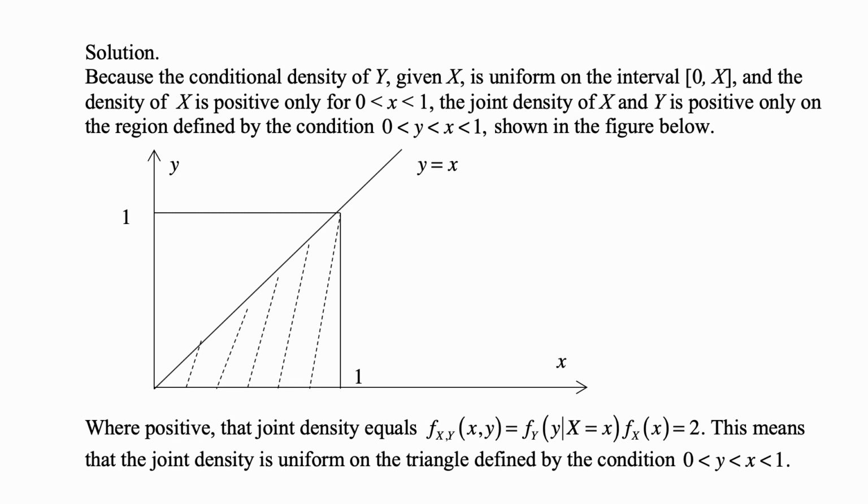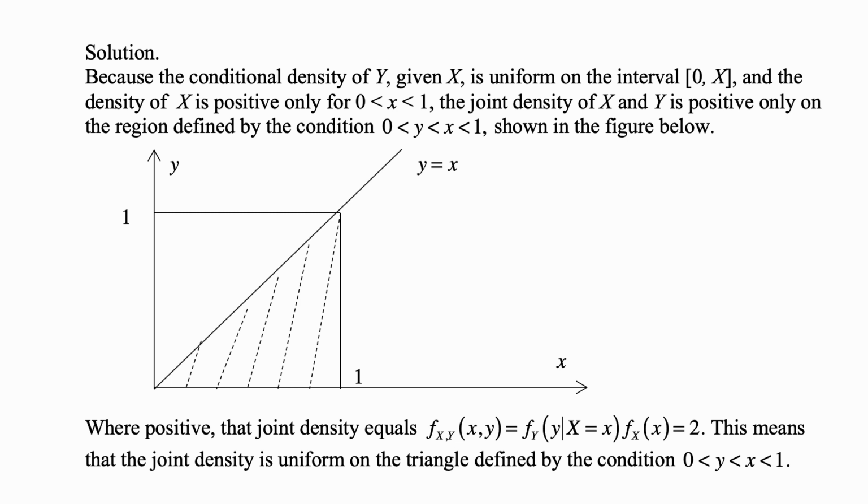And in this figure you also see that the area where the joint density is positive is marked with dotted lines. Where positive, in that region marked with dotted lines, the joint density equals the product of the conditional density of Y given that X is equal to x times the density of X, and that's equal to 2.